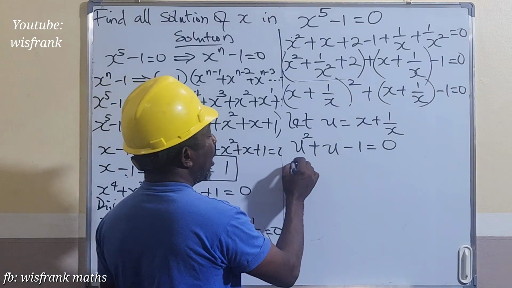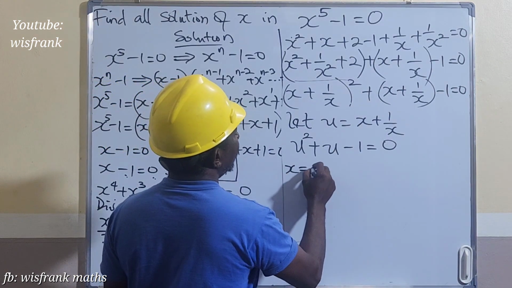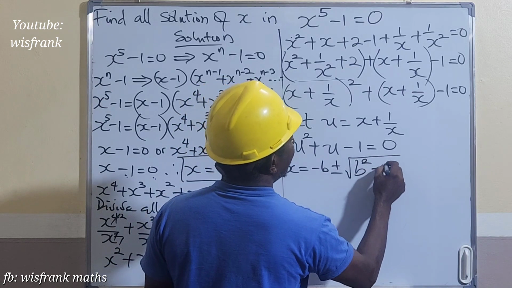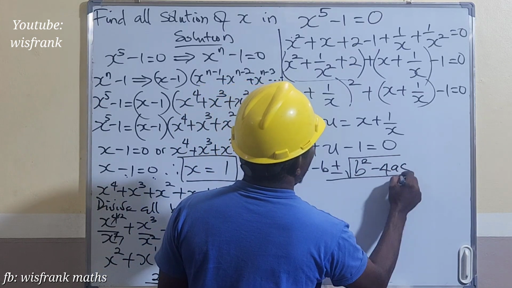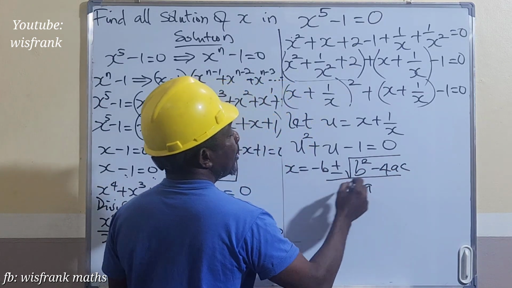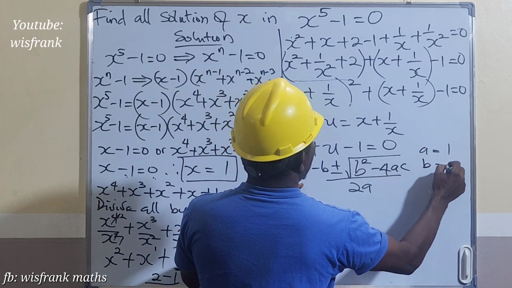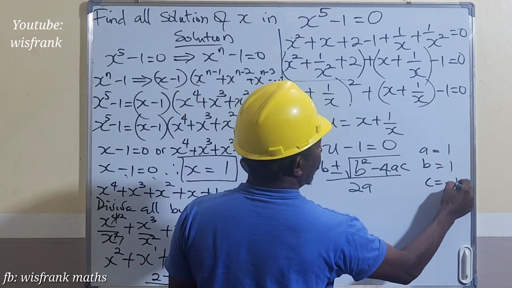So we have x equals minus b plus or minus square root of b squared minus 4ac all over 2a. In this case, a equals 1, b equals 1, and c equals minus 1.